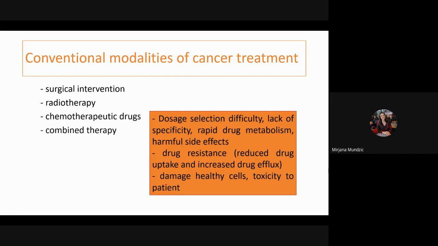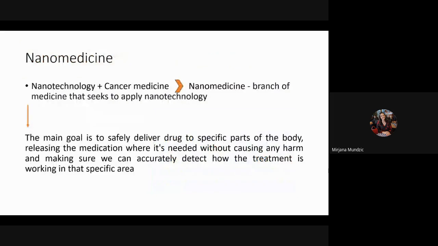And nowadays the drug resistance is also high, so the drug uptake is reduced and the drug efflux is increased. The worst thing that happens by using those conventional modalities for cancer treatment is that there is a huge damage of healthy cells, so a high toxicity to the patient is monitored.